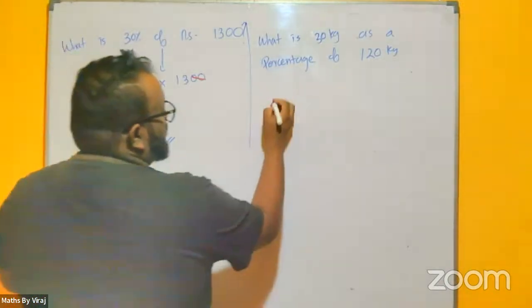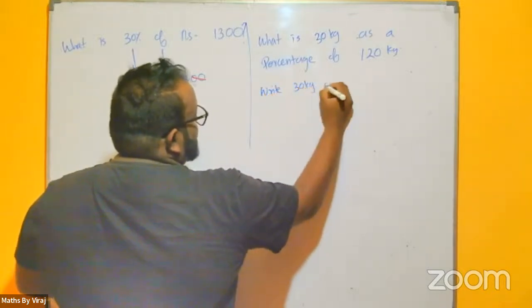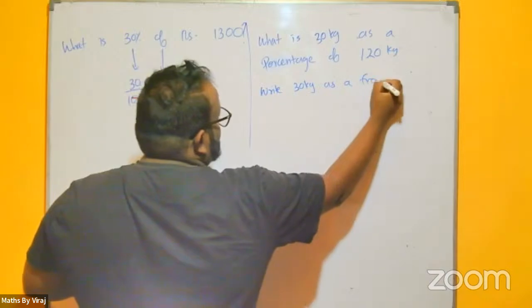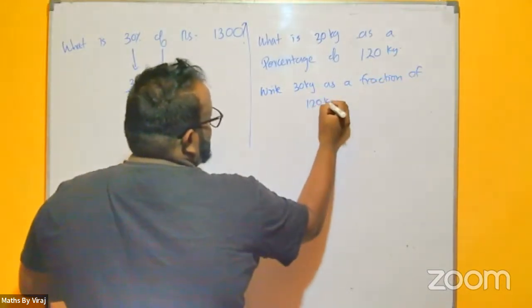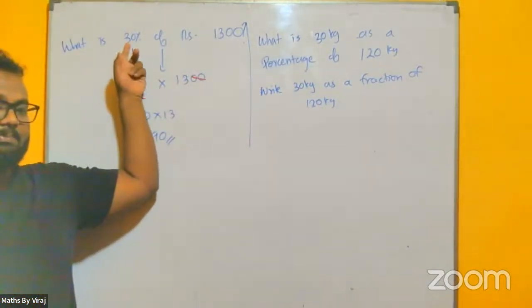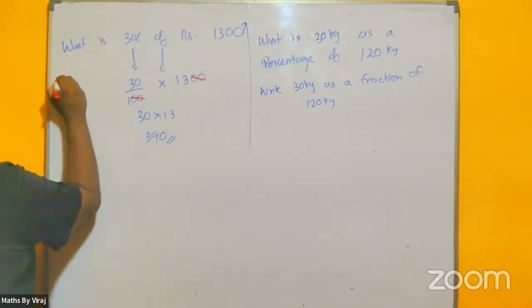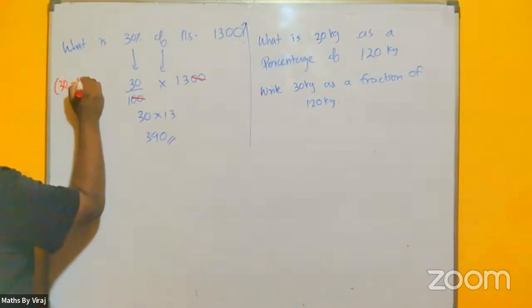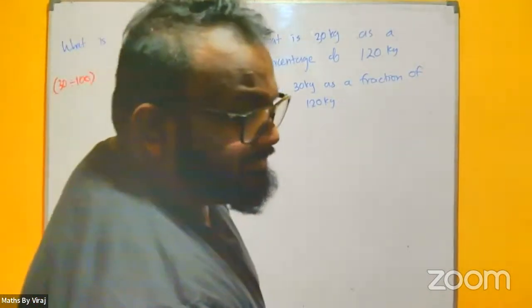So first and foremost, write 30 kilograms as a fraction of 120 kilograms. Now here, in order for us to convert the percentage to a fraction, we divided by 100, according to the note that I gave previously.